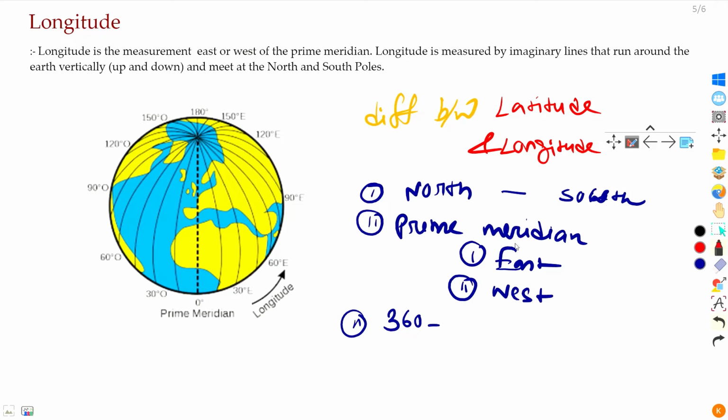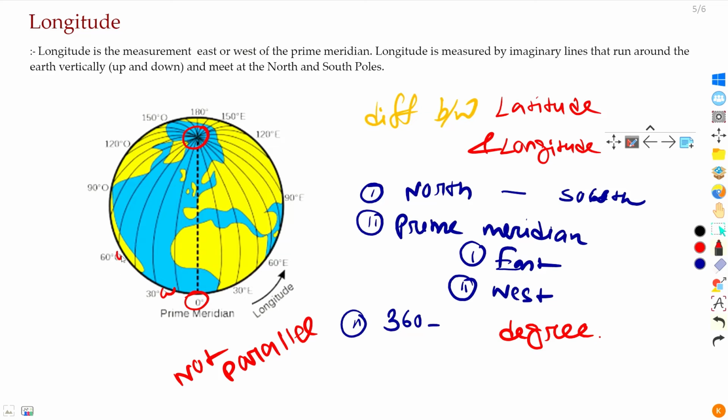So how to measure it? It's also measured with degree. And another most important point is that longitude lines are not parallel. Longitude lines meet at the North Pole at a point and also at the South Pole at a point.